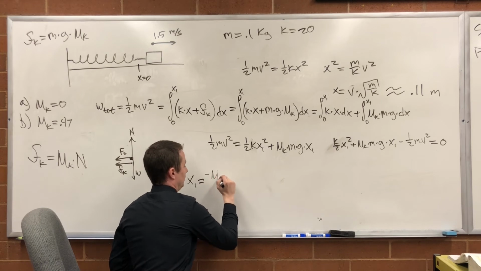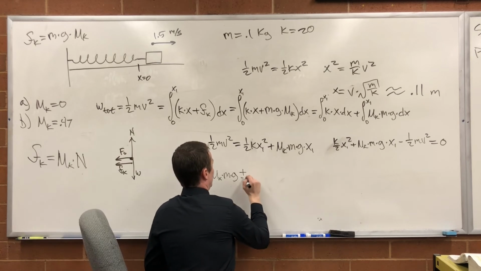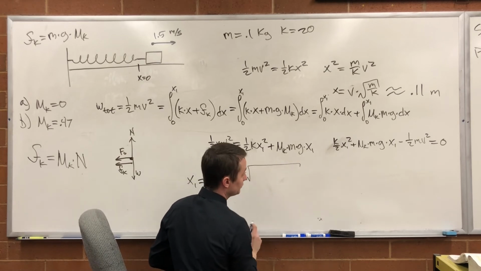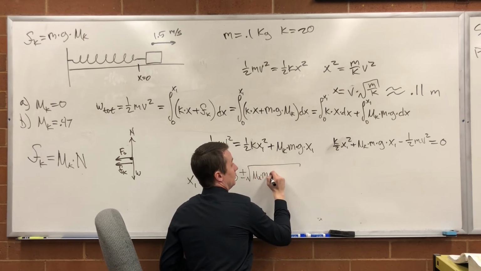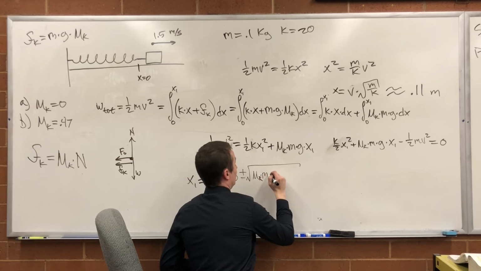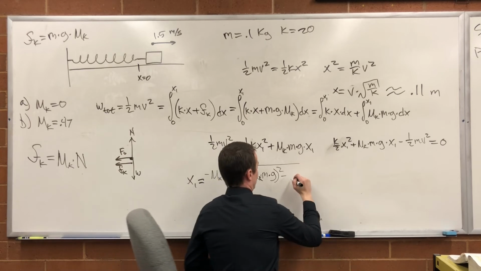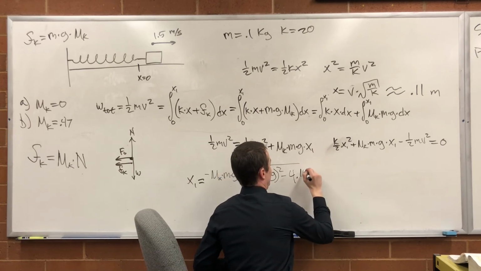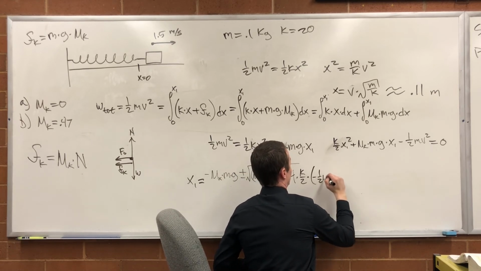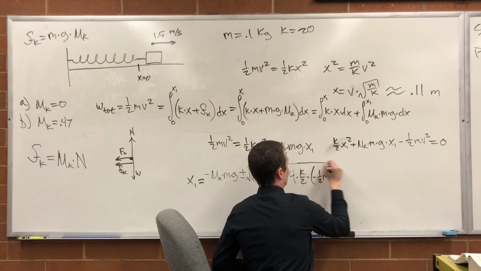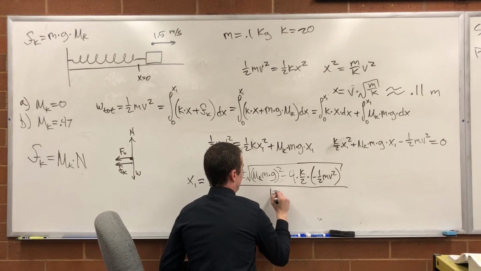So we have x1 is equal to negative b plus or minus the square root of b squared minus 4 times a times c, all over 2a.